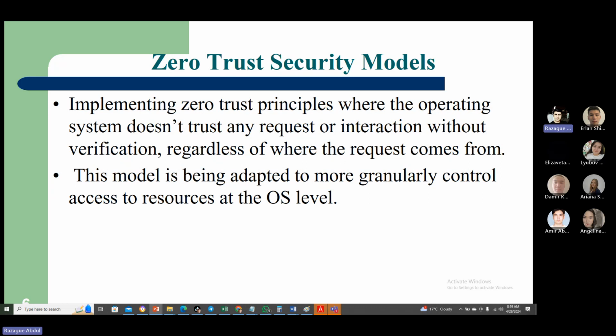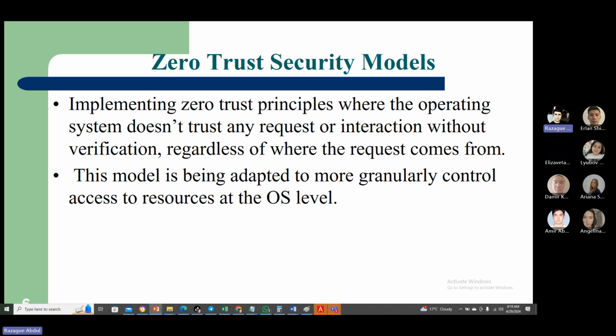This approach requires strict identity verification, device security checks, and least privilege access controls to minimize the potential attack surface and reduce the risk of data breach.